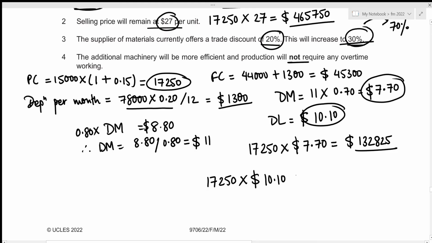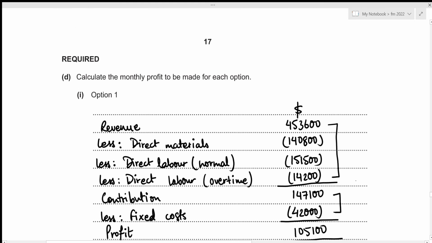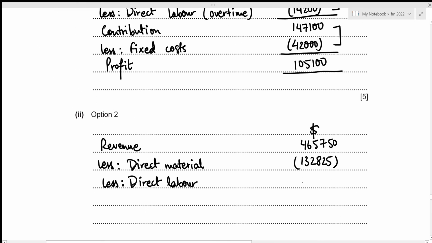And this gives the total direct labor under option 2 to have the value of 174,225. Let's record this in our statement. That's 174,225 in a bracket because we will be subtracting this. Now this is all of our variable costs, so we can easily figure out the contribution.